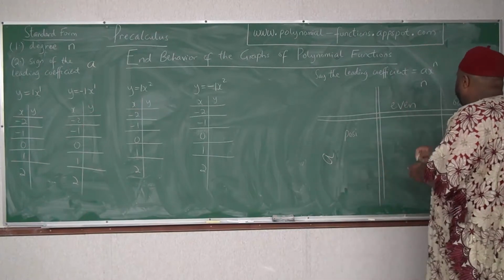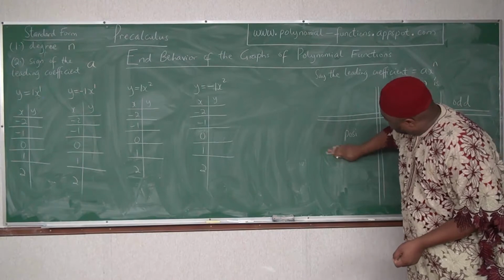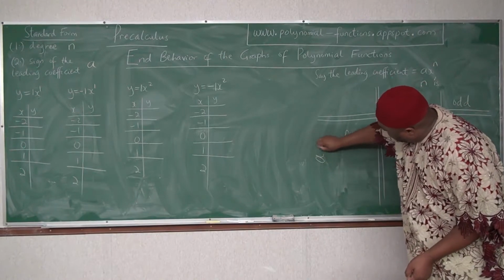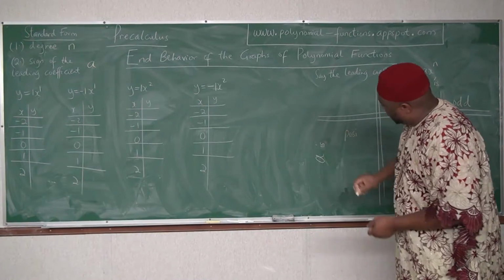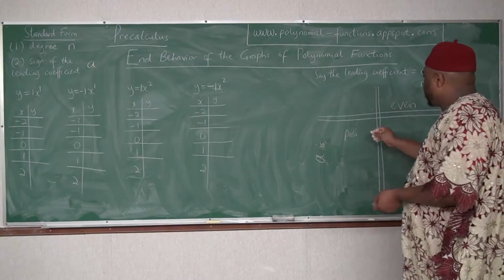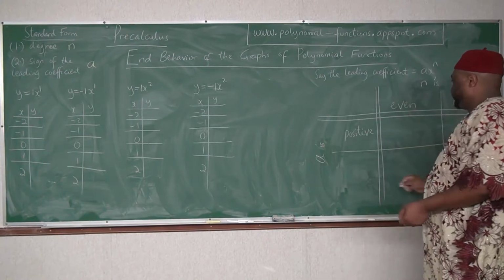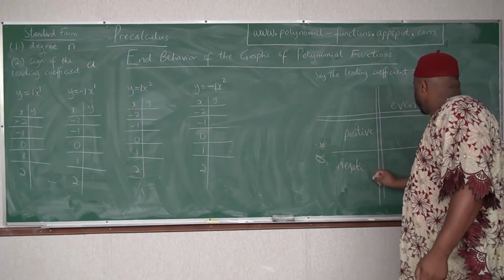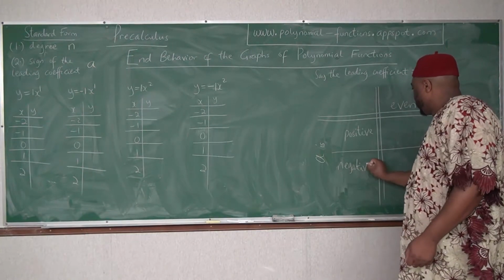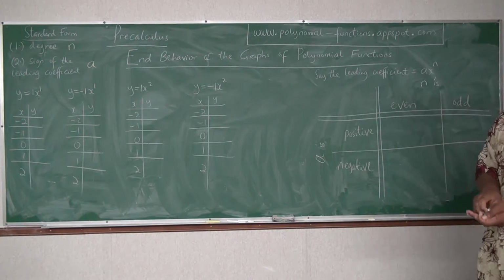So I'm going to put here n is, and here a is. So this is positive, and then negative.